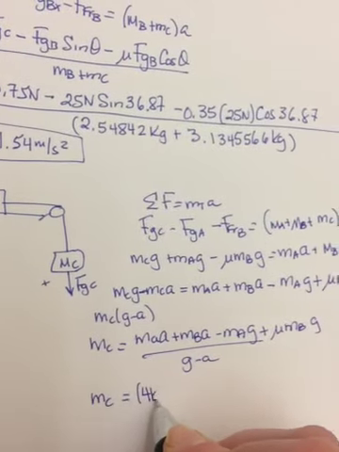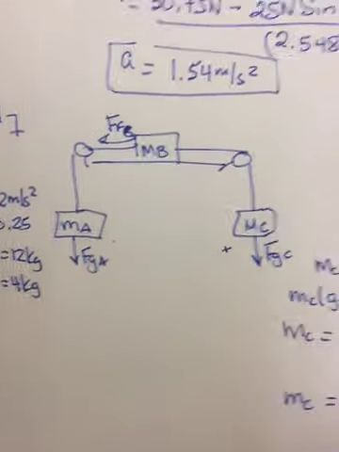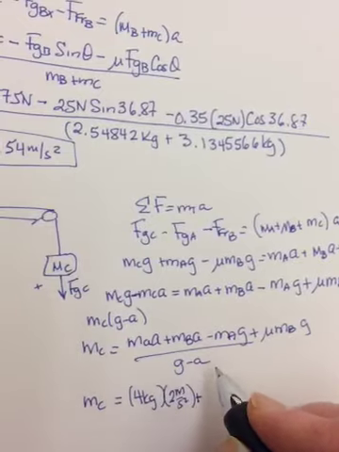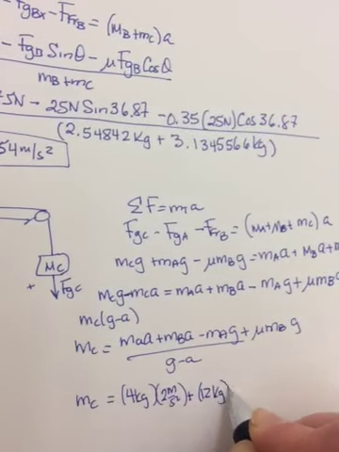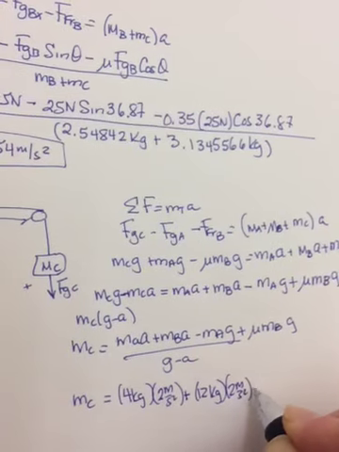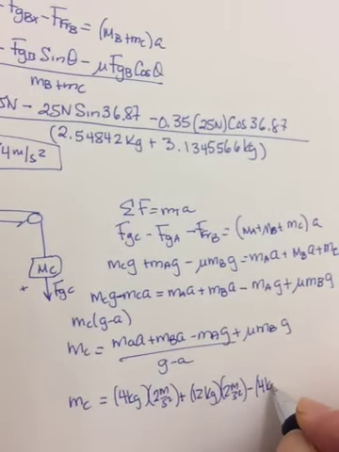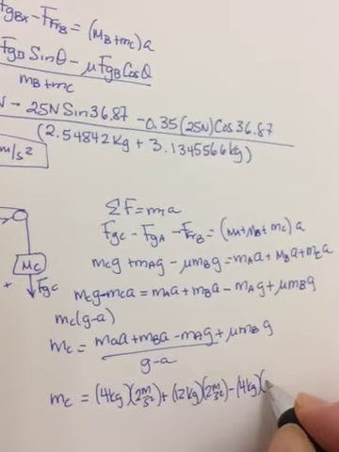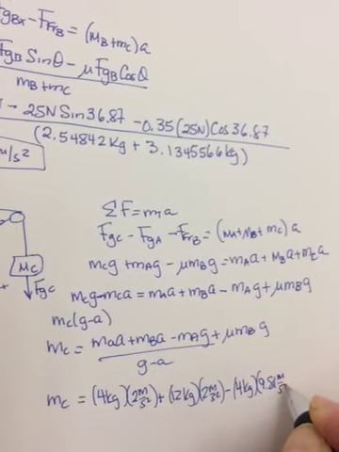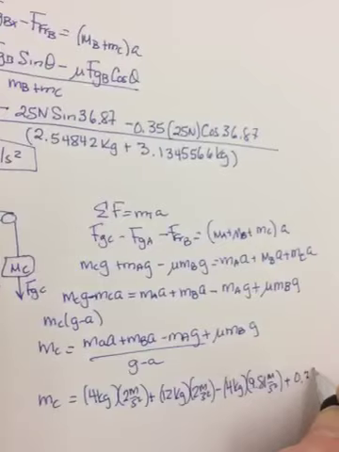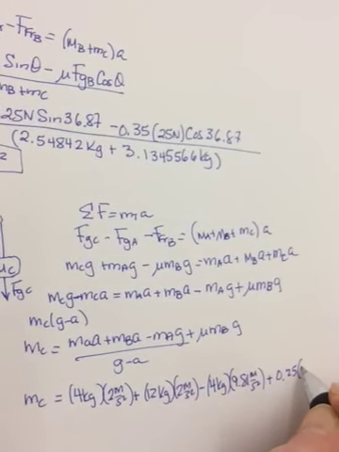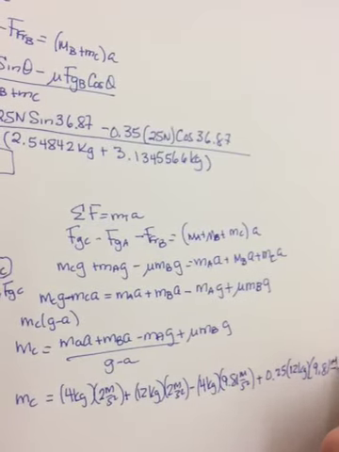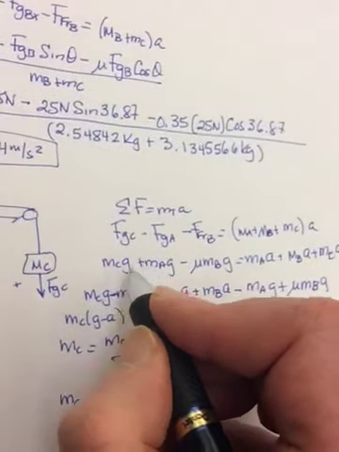MA was 4 kilograms, 2 meters per second squared, plus B was 12 kilograms times 2 meters per second squared minus 4 kilograms times 9.81 meters per second squared plus 0.25 times 12 kilograms times 9.81 meters per second squared. Did I screw up the signs? Yeah, that's a negative.